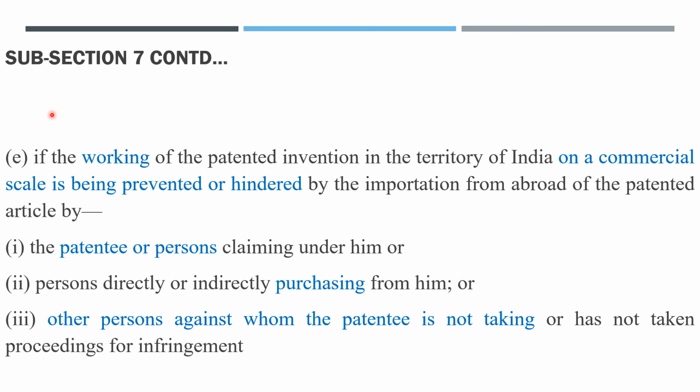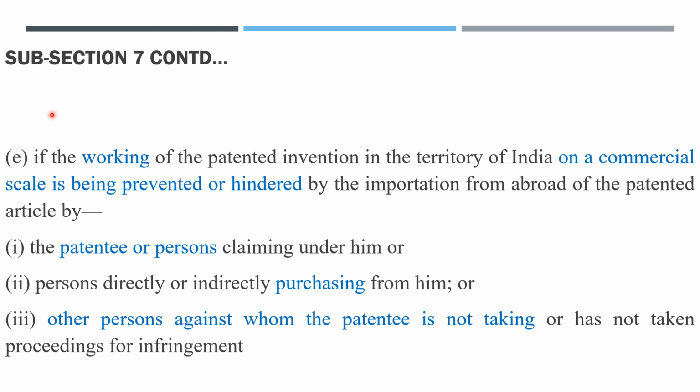Hence, the applicant may invoke the ground that the reasonable requirements of the public have not been met due to the importation of the product from abroad. This may happen in those cases wherein the product patent belongs to foreign MNCs having no manufacturing base in India. This is the simple explanation of clause E.